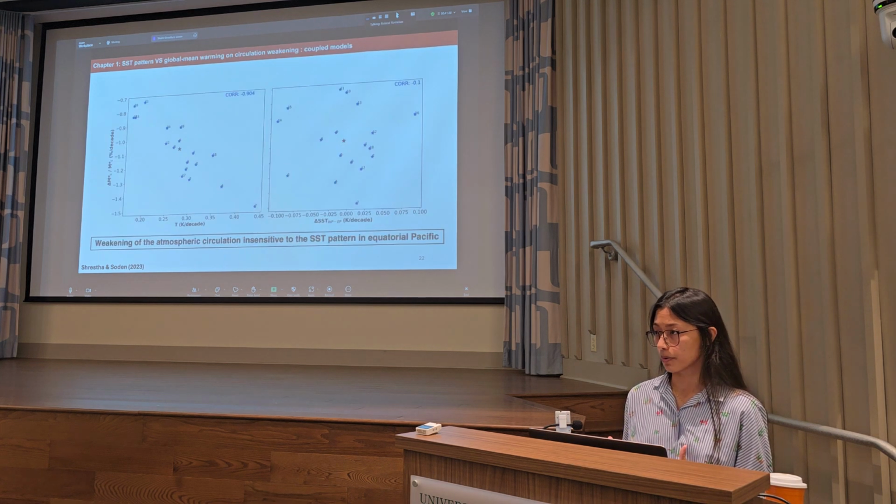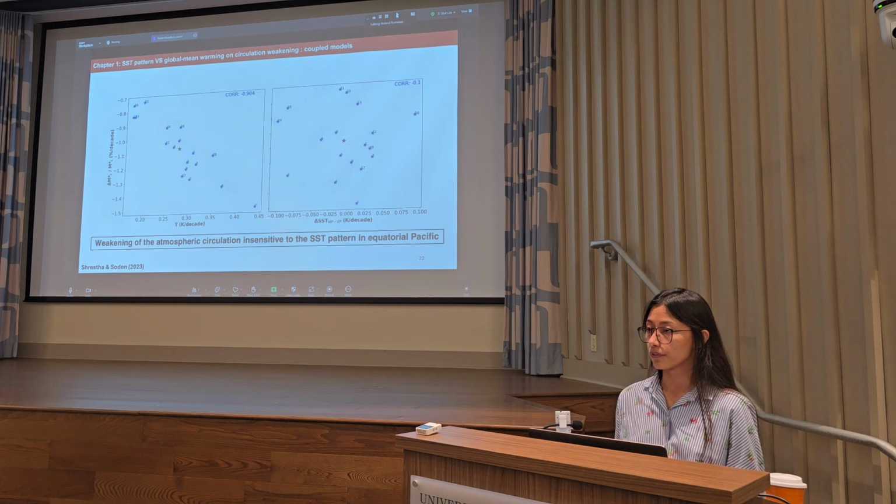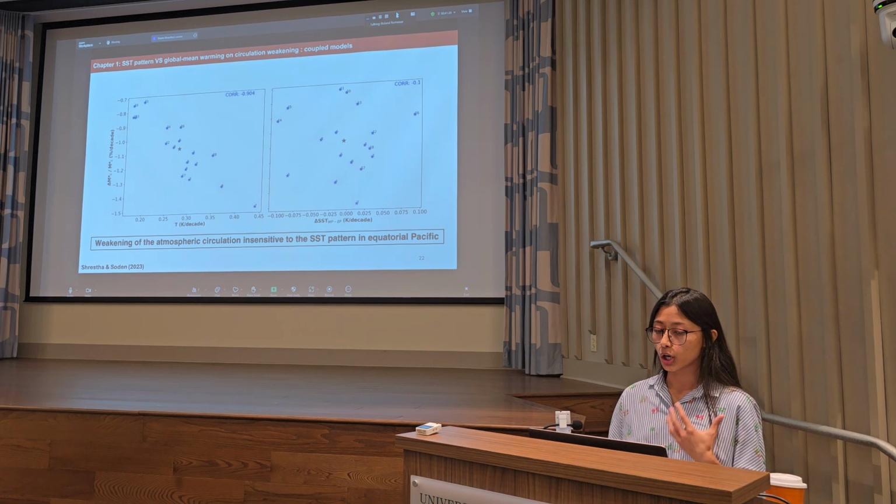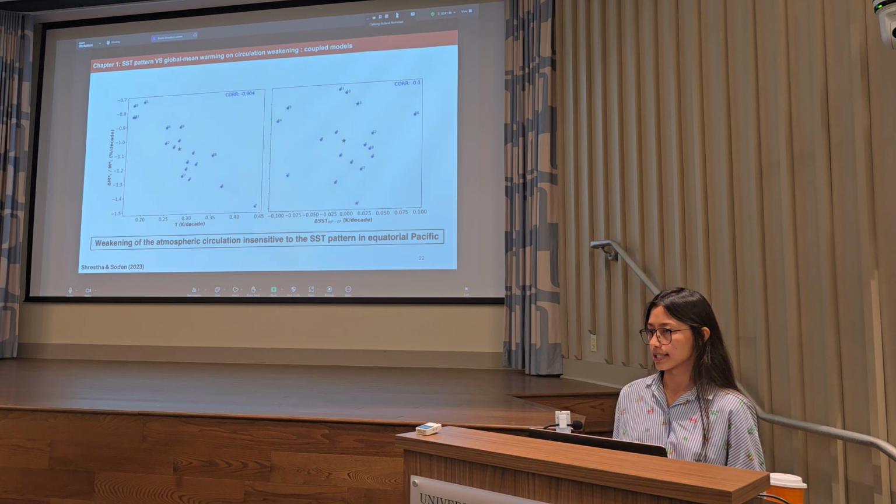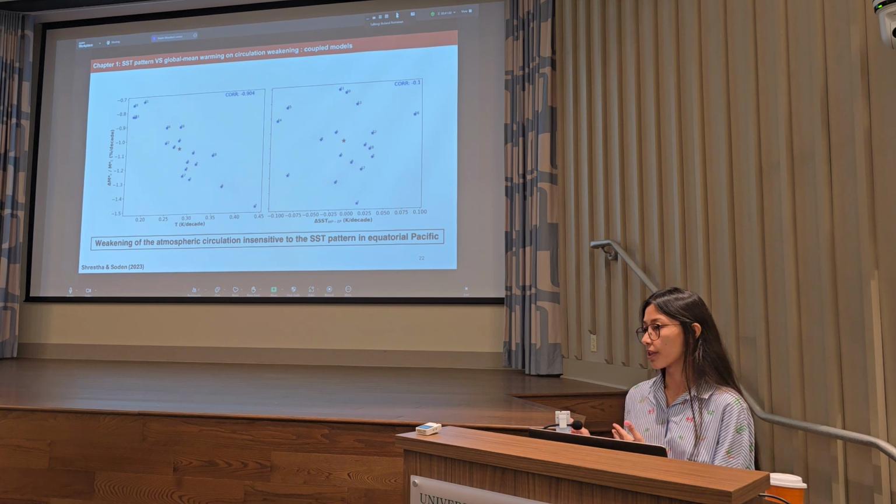And again, to stress the point that this weakening of large-scale atmospheric circulations is mainly due to global mean warming and rather insensitive to tropical SST pattern. In this plot, we regress the convective mass flux on the y-axis against the global mean temperature increase on the left plot, and the SST pattern taken as the difference between the West Pacific and the East Pacific on the right plot.